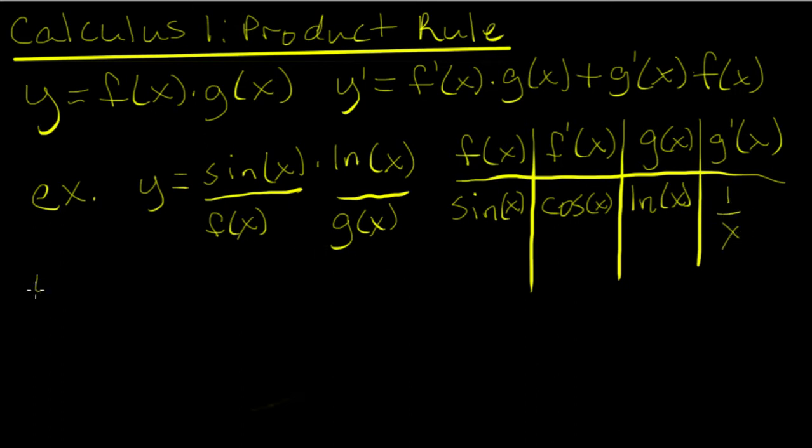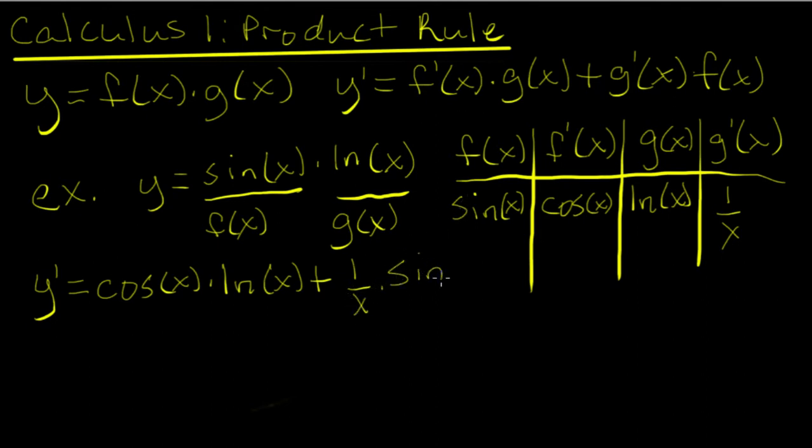So the derivative of our function y will be f prime of x, which is cosine of x, times g of x, which is the natural log of x, plus g prime of x, which is 1 over x, times f of x, which is sine of x. And there we have the derivative of that function.